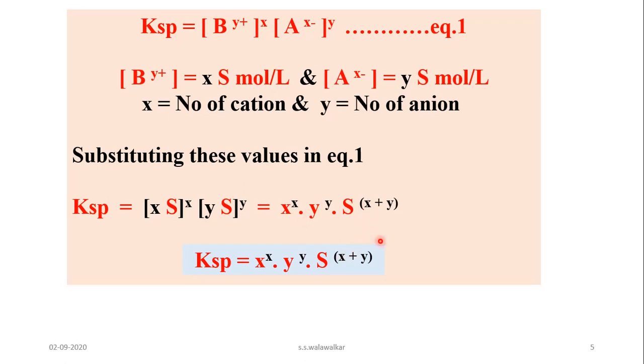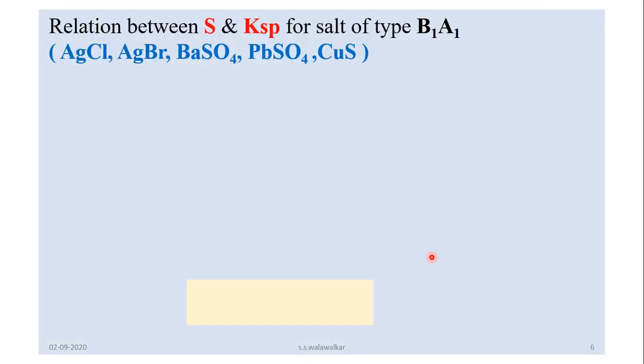So, by using this expression, you can calculate the solubility as well as the solubility product of the compound. Now, see here, this is the relation between solubility and solubility product for different types of salt. First we will study this type of salt, that is B1A1, in which the cation anion ratio is 1:1.